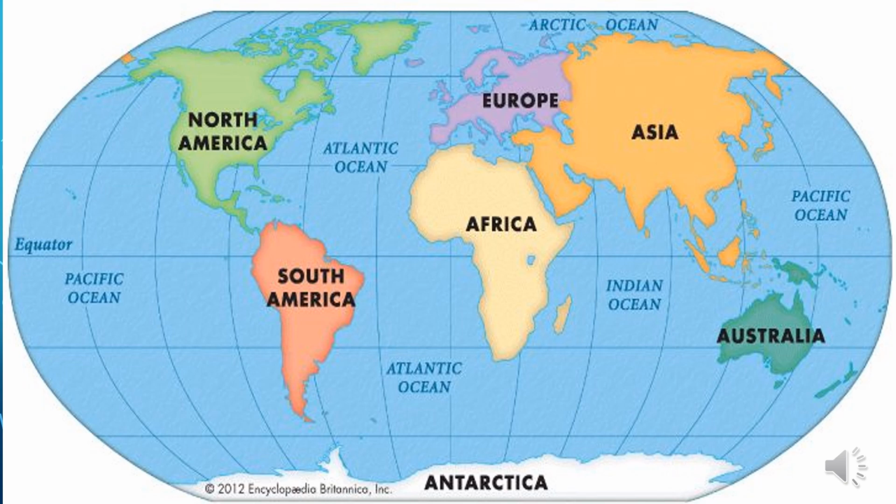We live in the continent of Asia. Continents are further divided into smaller parts called countries. Children, you can find out the largest and smallest continent. So which continent is largest and which is the smallest one? Asia is the largest continent and Australia is the smallest continent.